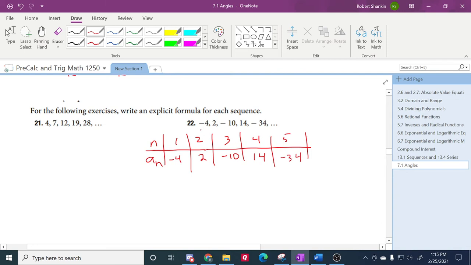Now, oftentimes, like when I gave the practice quiz, I'd have you look for a recursive formula first. That's kind of helpful to get the feel for this thing. Is there something I can do to this one to get to the next one? I would add 6 maybe? But then adding 6 doesn't do it over here. But then add 12. And then, no, subtract 12.